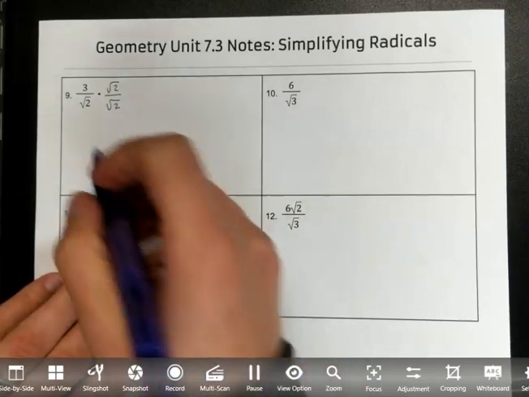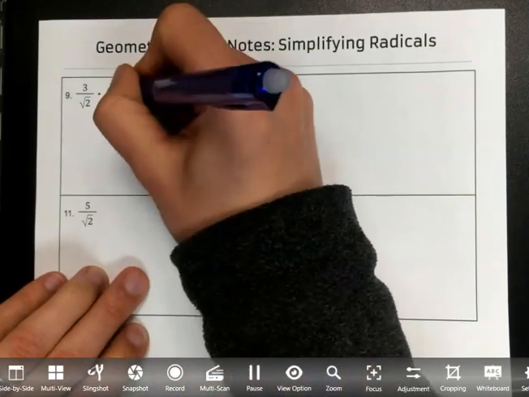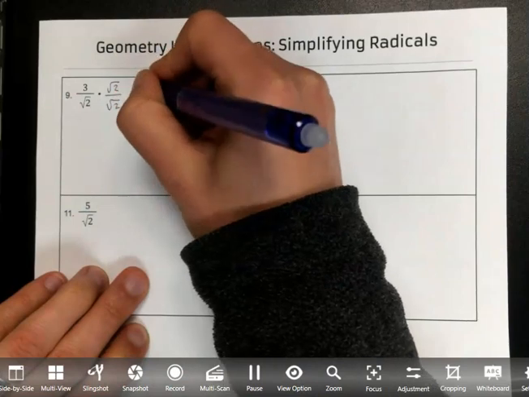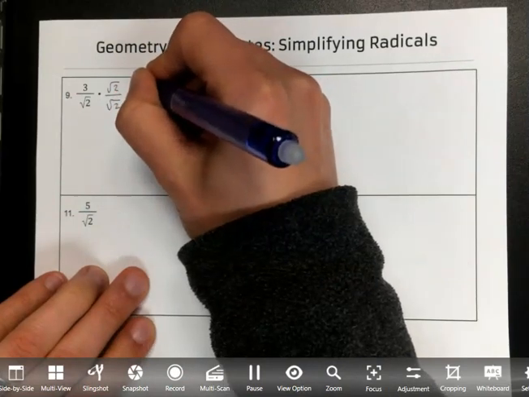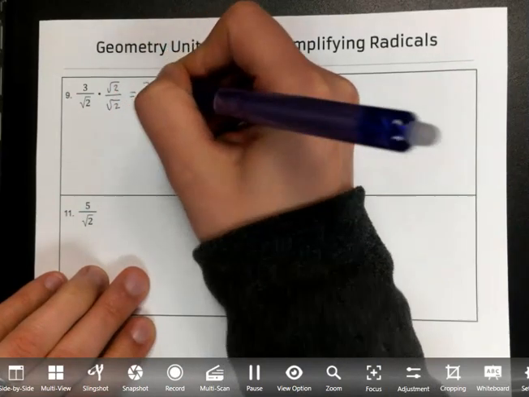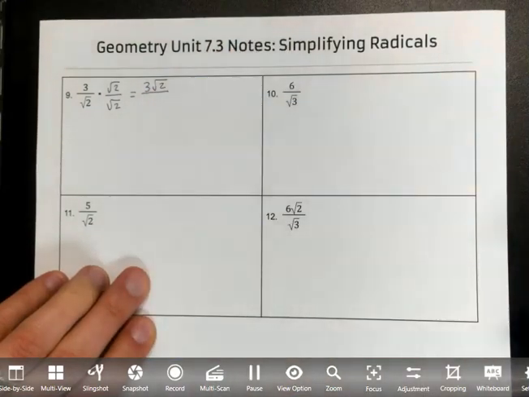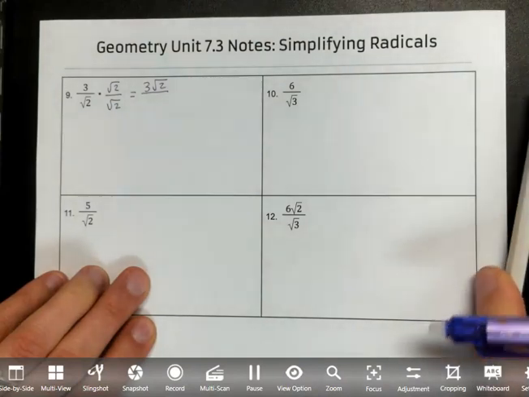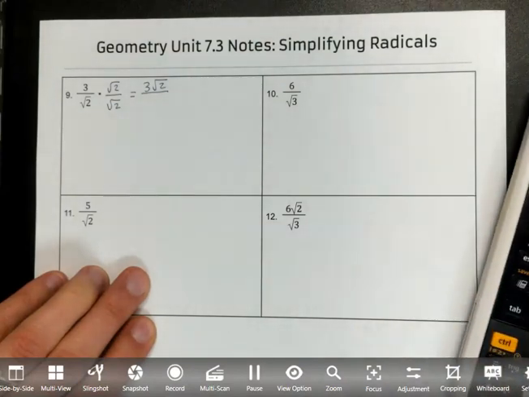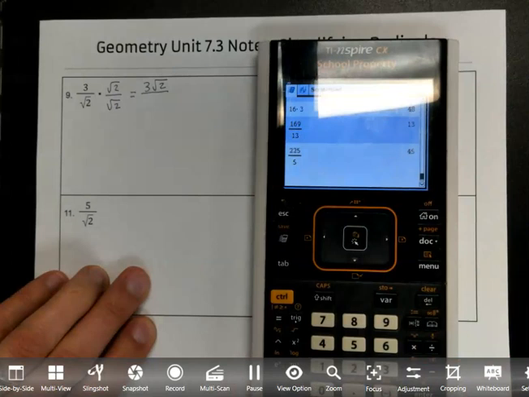Okay? So now when I multiply the top and the bottom by square root of 2, the top, when I multiply it by square root of 2, I get 3 times square root of 2. The bottom, when I multiply it by square root of 2, well, square root of 2 times square root of 2 is equal to just 2. Now, if you don't believe me, look into your calculator.